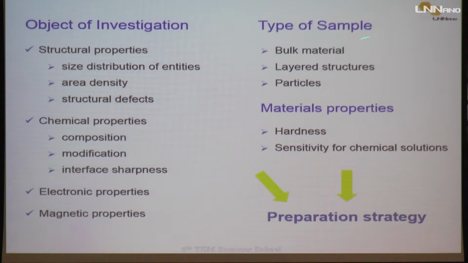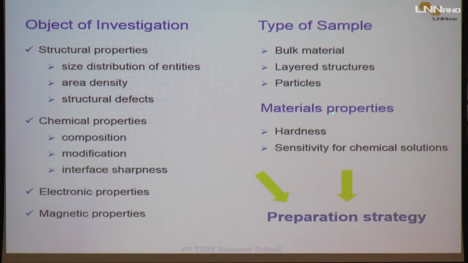And then, as I showed in the last slide, we can divide roughly all the samples that we may have into these three types of samples, okay? The bulk materials, layered structures, and particles. It's a very good strategy to define how to prepare the samples, okay?